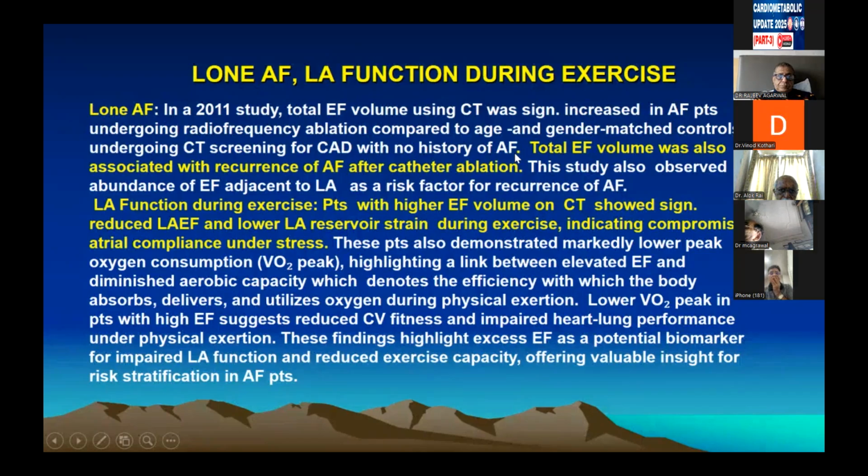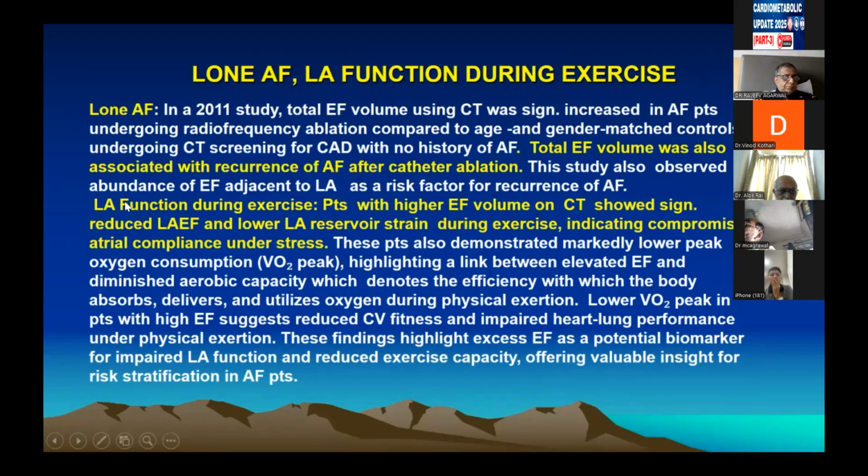Very important, not only does it correlate with atrial fibrillation, but also the total epicardial fat volume is associated with recurrence of atrial fibrillation after catheter ablation. So one can get some idea of whether there will be recurrence of atrial fibrillation once you look at epicardial fat assessment.